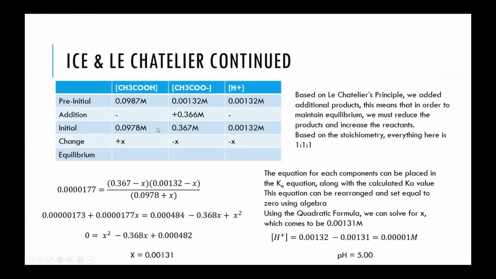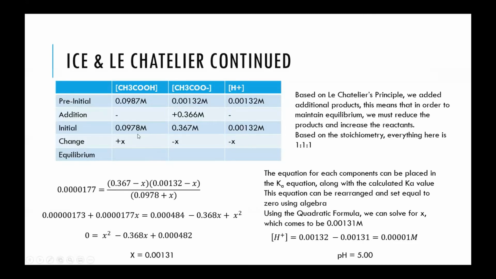And because the reaction is 1-to-1 throughout the whole equilibrium, what's subtracted on this side is the same as what's added on this side. So we added extra acetate, so that has to go down. The only way it can go down is to react. So it needs to react with some amount of H+, and it's a 1-to-1 relationship. So they both go down by the same amount, and when they react with each other, they form the pure acetic acid molecule. So it goes up by that amount.